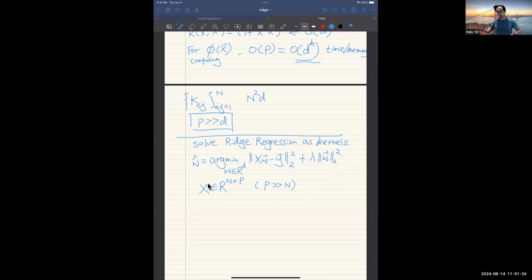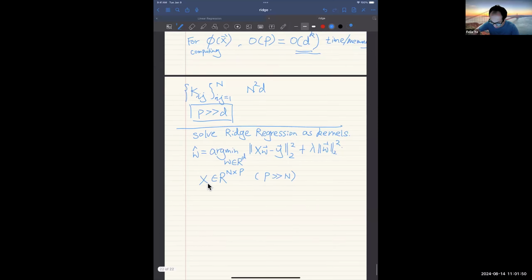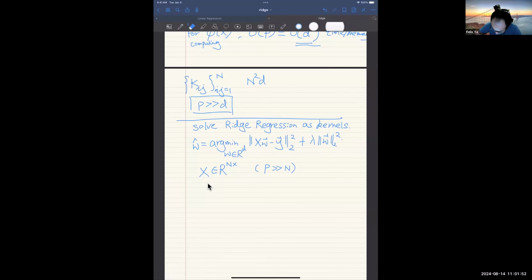So that means my matrix X is actually a fat matrix. This is fundamentally different from the situation that we had before. I think I used D here, so let me just use D here. You can think of the columns as the features that I already lifted up into high dimensions.